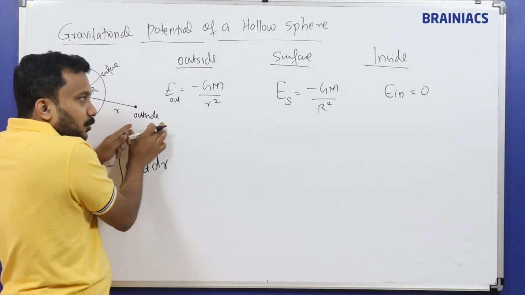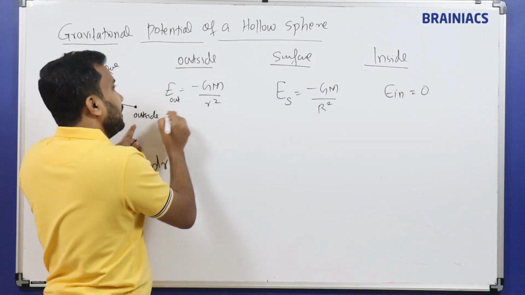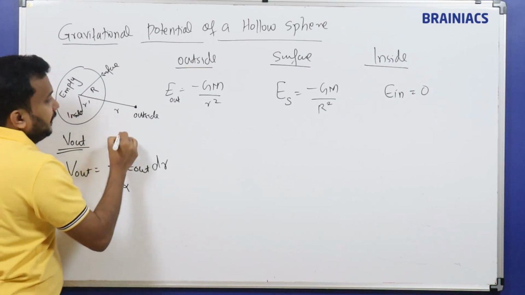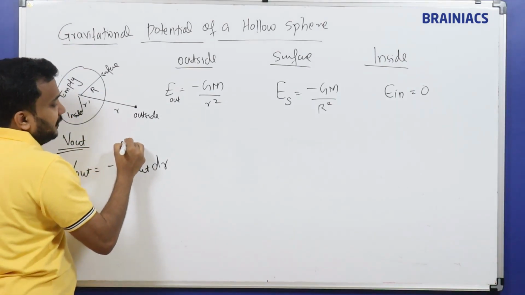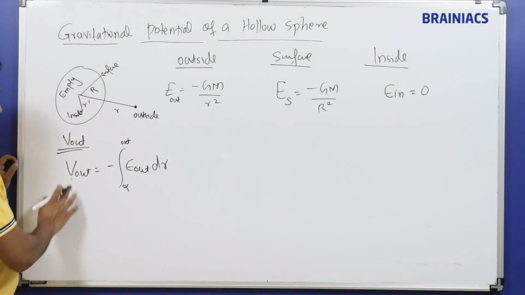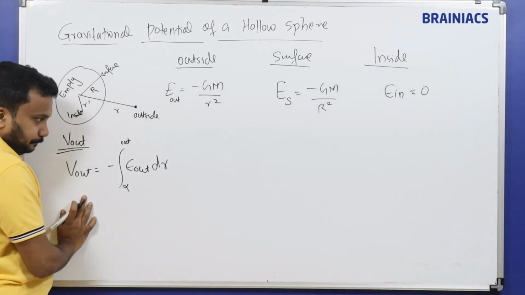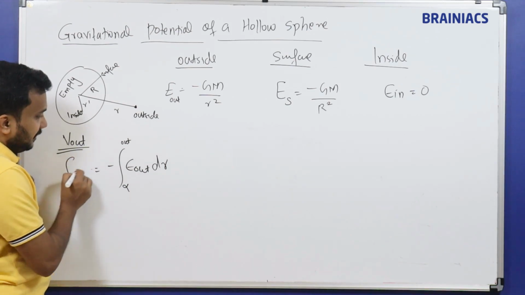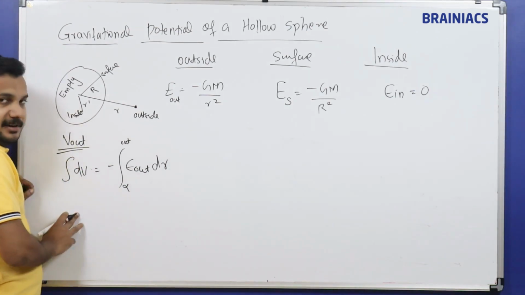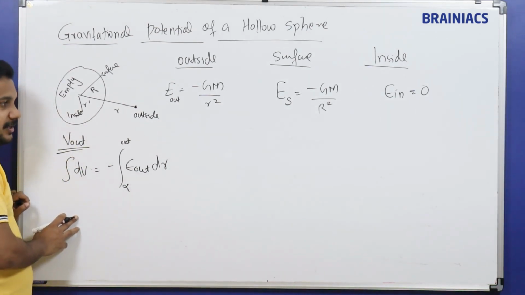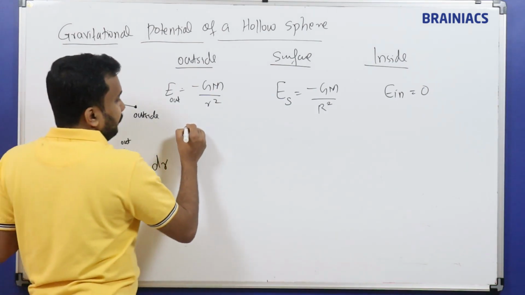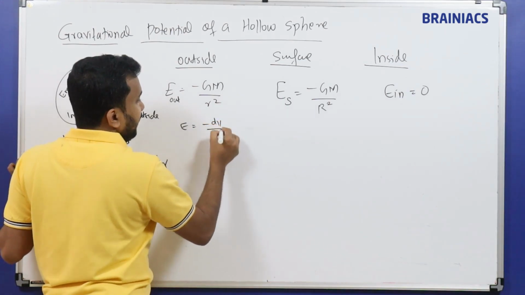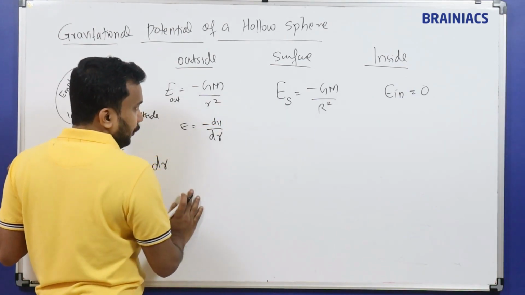So when you calculate the outside, the next point is at infinity. So infinity to outside. What we wrote previously, integral dV, you remember the equation I wrote just before. We know E is equal to minus dV by dr. This equation I know.